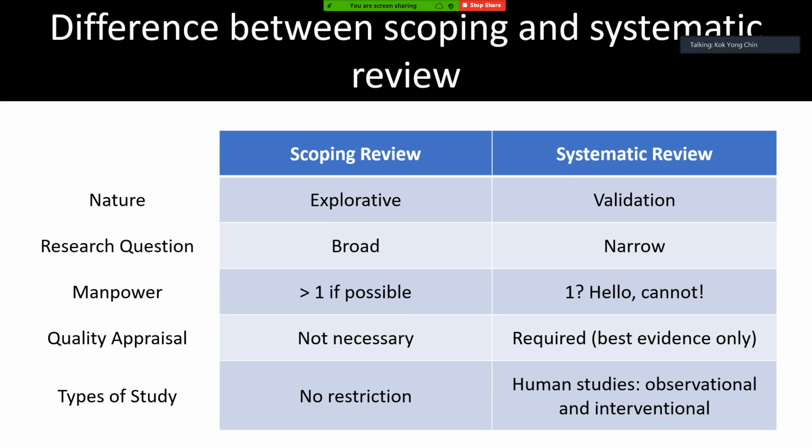For a systematic review that is of value to journals, usually it's human studies, either observational or interventional. If you do a systematic review of animal studies, I'm sure certain journals will accept it, but if you want to hit a Q1 or Q2 journal, it's a bit hard, okay.